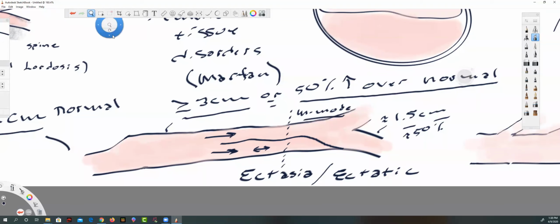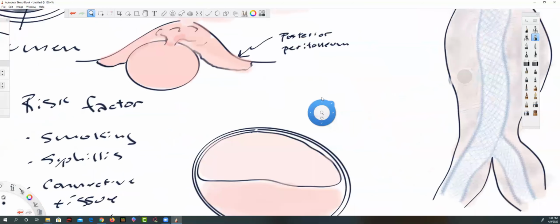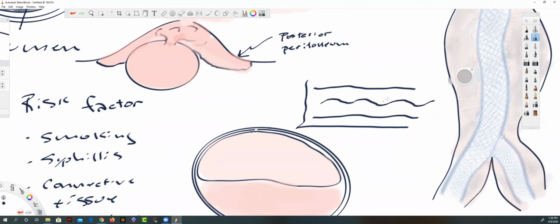You do an M mode on a dissection, it's pretty cool because you know how they look. You see the blood vessel wall here, blood vessel wall here, and then in the middle, drawn out over time, you see this intima waving in the breeze.